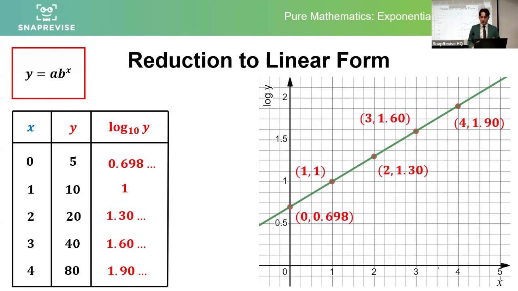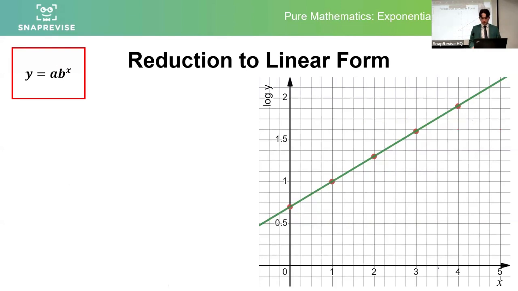So we just discovered a minute ago that the gradient was actually, what was it? It was log base 10 of b, and the y-intercept was log a. So now bringing this all together, let's look at what we've got.